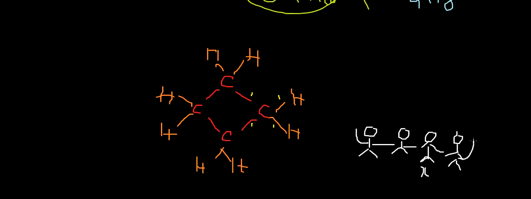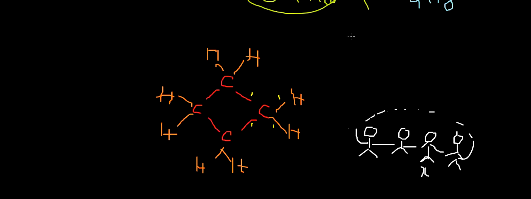If they want to fill the vacancy of the other hand, they will join hands. How can they join? They will say, we will form a circle, which will be easier for us. Hence the carbon atoms also sometimes form circles.